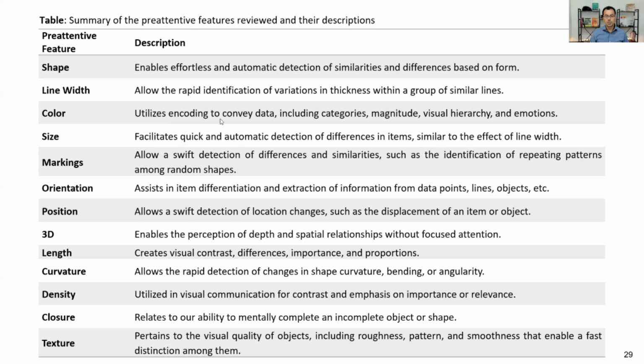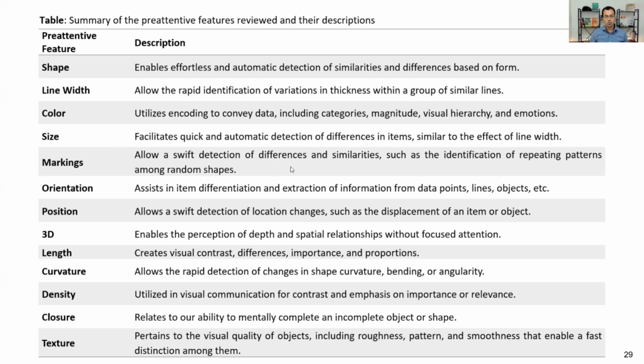The color helps us to encode data, for example, categories, magnitude, hierarchy, emotions, decisions. For example, green for a traffic light means go, yellow means attention, and red means stop. The size facilitates us to also quickly detect differences in items or visual objects.